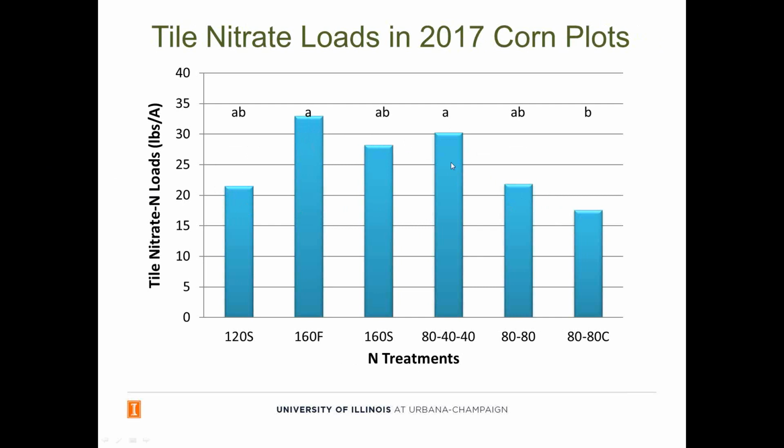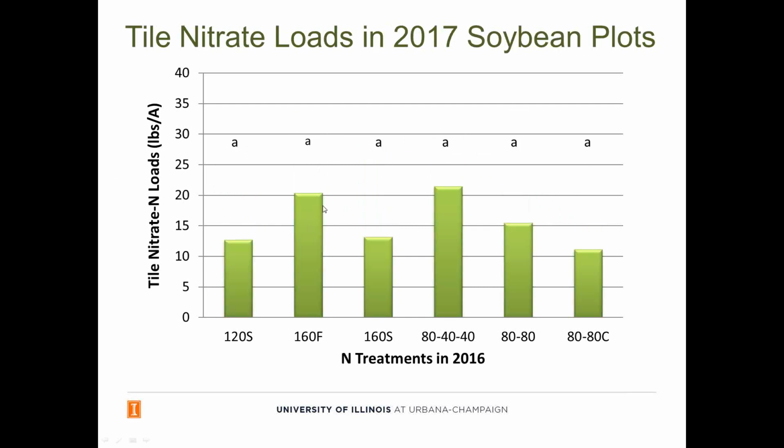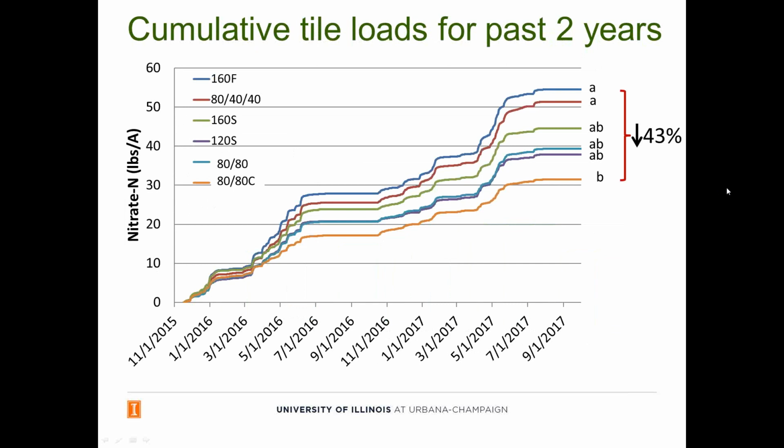Well, that's that late winter application. Split application lost less. And now here's the carryover from the fall N to the 2017 year, and not significantly different, but you can see that the load was higher.